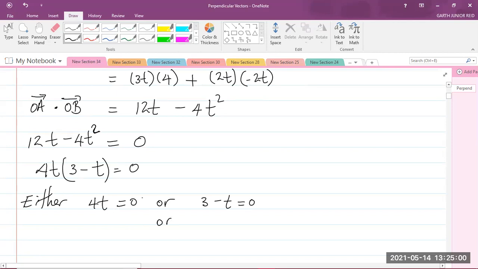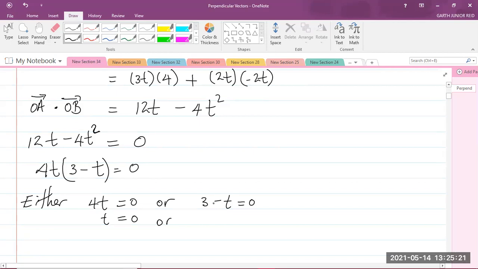So let us now solve the equations individually in order to find the value for t. So if 4t is equal to 0, I can get t by dividing both sides of the equation by 4. And if I do that, I will get t is equal to 0. All right?